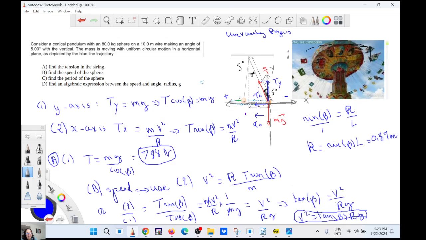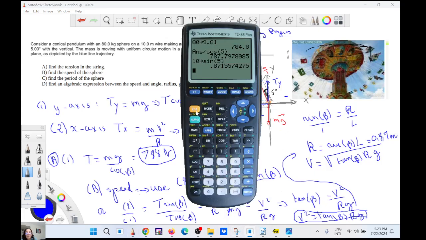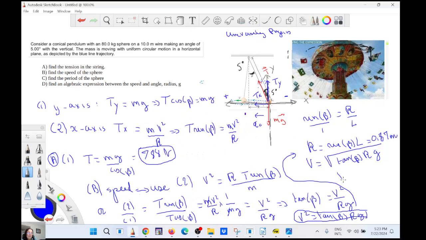So you plug it in, you go from here to there. V equals the square root of tan 5 times R, which is 0.87, times 9.81, so about 0.86.